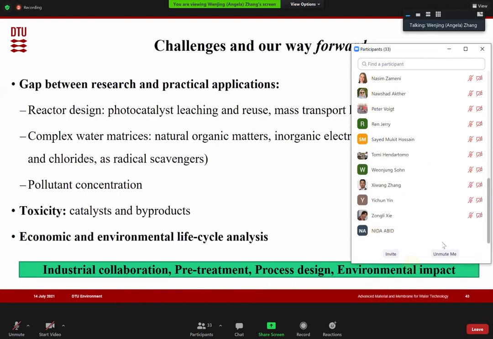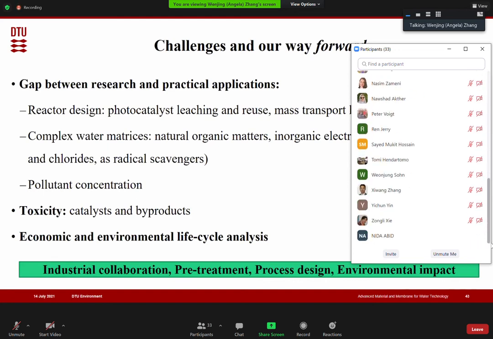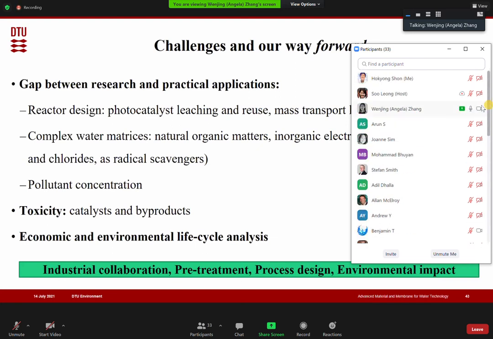And for us, it's not easy to close this gap. What we do in our research group is that we try to reach out and collaborate with industrial partners and get their experience and competence in constructing reactors and designing the process, together with our inventions in the lab. And we also want to combine process design with material design.